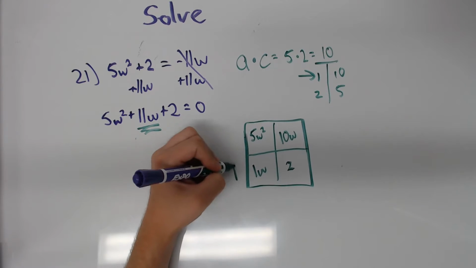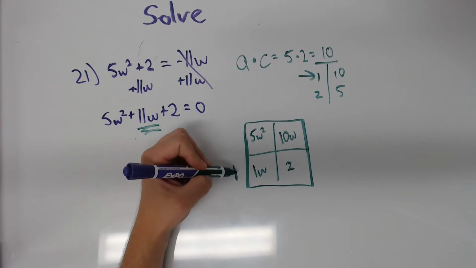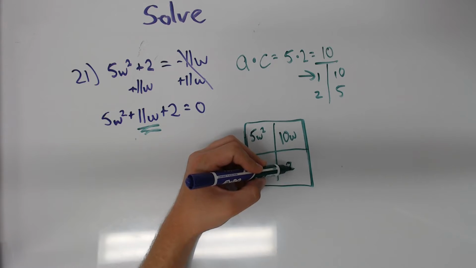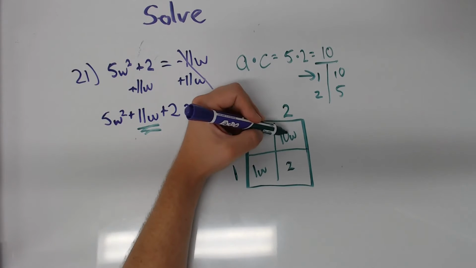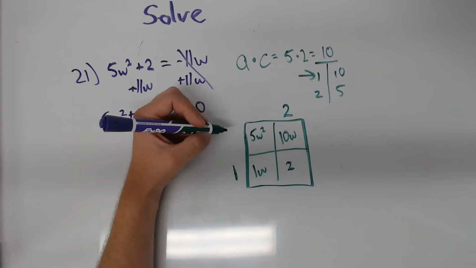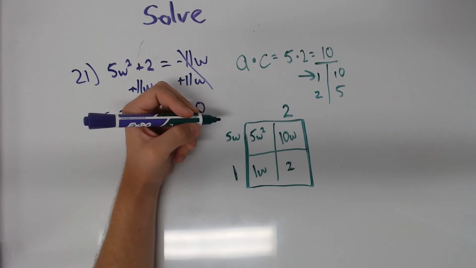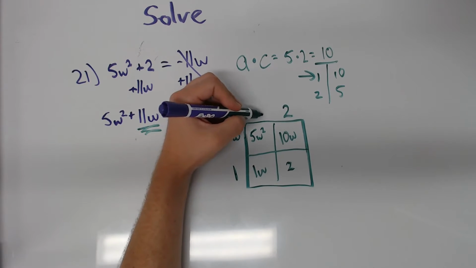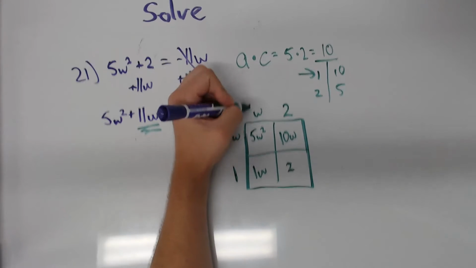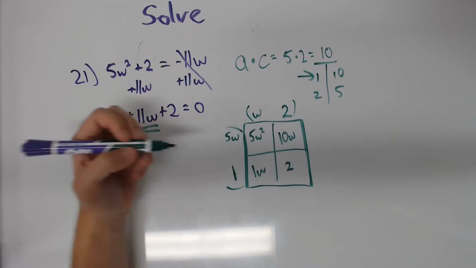Well, the only number that can go into 1 is 1. And then 1 times something gets me 2. 1 times 2. 2 times something gets me 10w. That's got to be 5w. And 1 times something gets me 1w. That's just got to be w. So these are my factors.